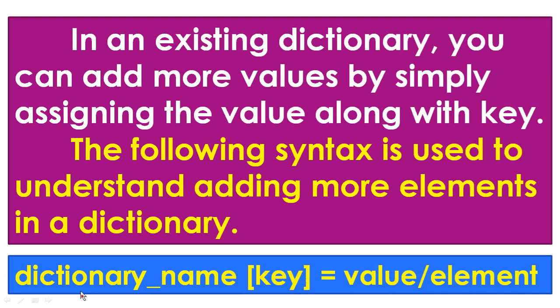For example, dict1 of key value class equal to 12. So the class is added to the already existing dictionary dict1. This is the syntax for adding an element to a dictionary: dictionary name within square brackets, key equal to the value or element.